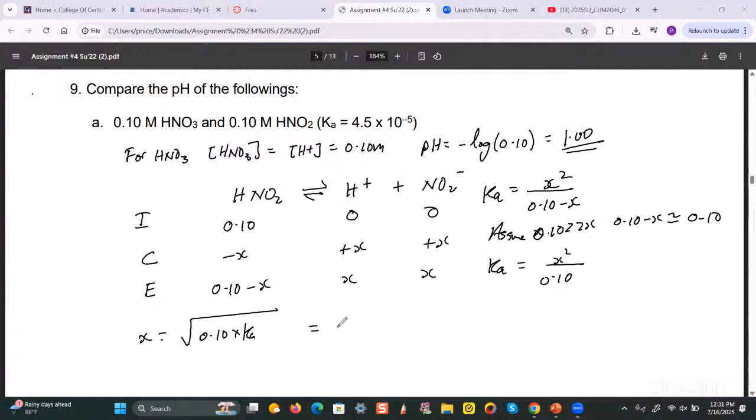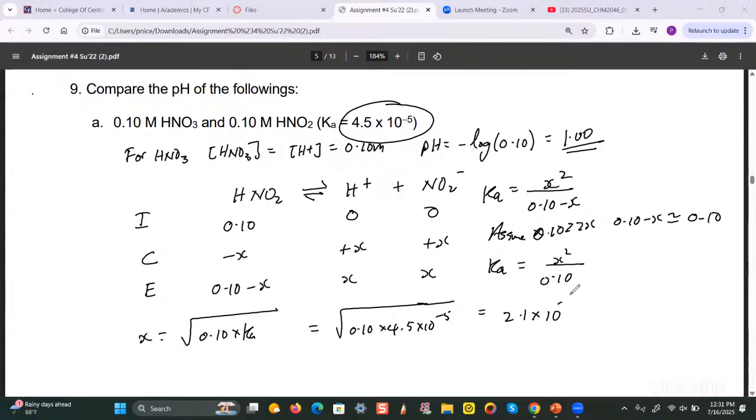So this would be equal to the square root of 0.10 times 4.5 times 10 to the minus 5. So 0.1 times 4.5 times 10 to the minus 5, and then we find the square root of that. And according to my calculation, rounded off to 2 sig figs, I got 2.1 times 10 to the minus 3.